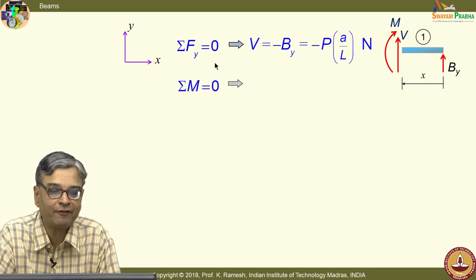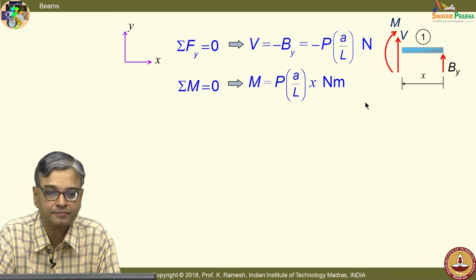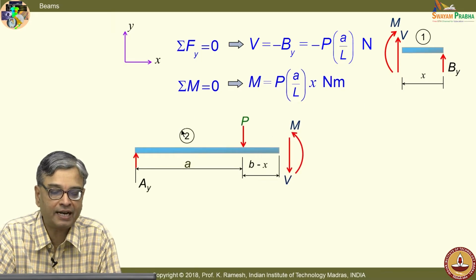So, when I put sigma Fi equal to 0, I get V equal to minus P A by L, and I get the moment as P A by L into X. Now, let me analyze this. I would like you to put the equations.